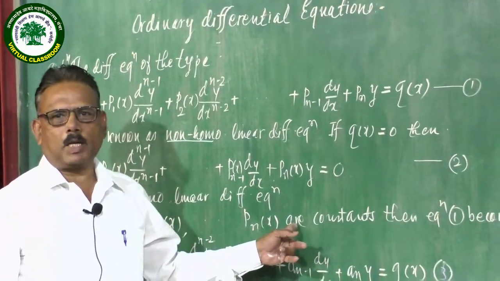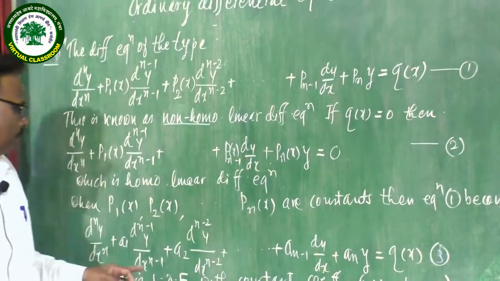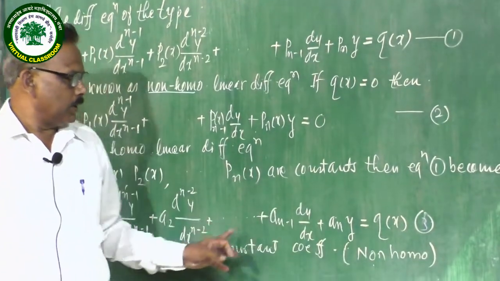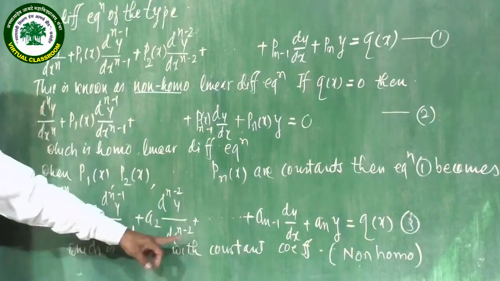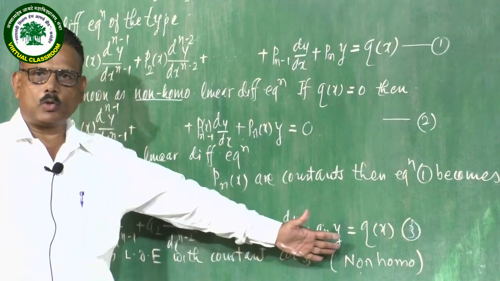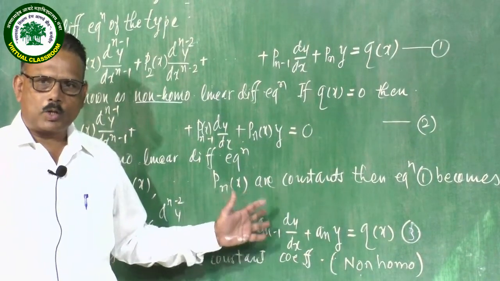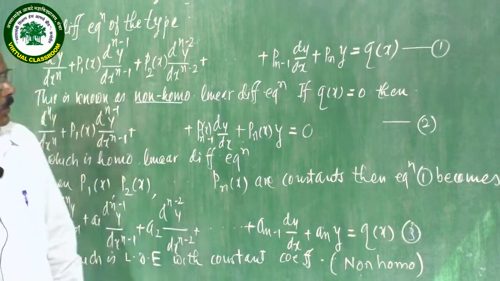When these functions are constants, replace p1, p2, p3 by constants a1, a2, a3 up to an. This differential equation will be called linear differential equation with constant coefficients. When you take the right hand side equal to 0 again, it will be a homogeneous linear differential equation with constant coefficients.